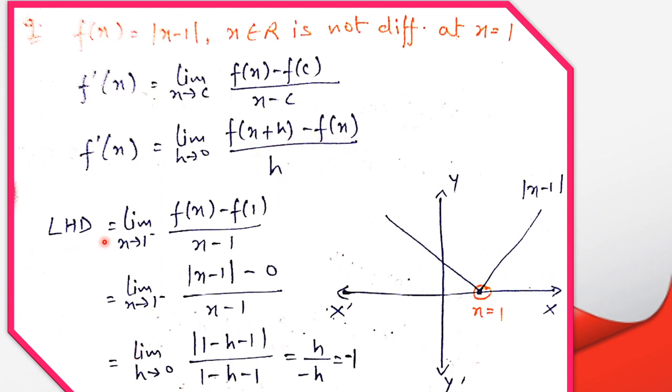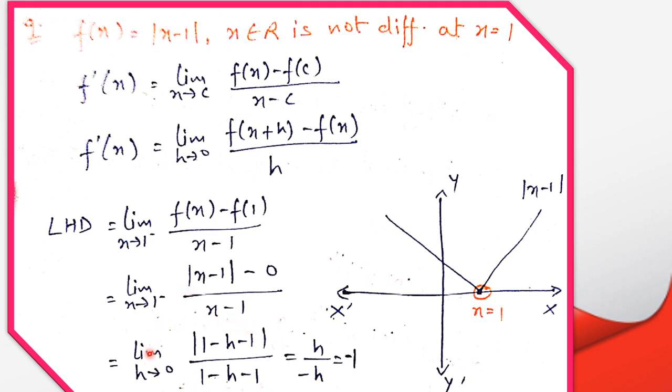Let's find left hand derivative. Left hand derivative will be, we have to talk about 1, right? So limit x tends to 1 minus, f(x) minus f(1) upon x minus 1, because c is 1 here. So now let's put the function f(x). What is f(x)? Mod of x minus 1, minus f(1), which is 1 minus 1, 0, upon x minus 1.